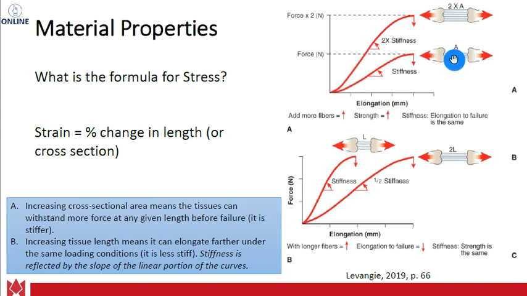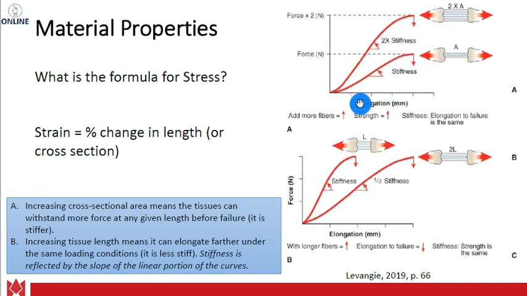Now on this picture here, you can see there's a smaller thickness, or we would refer to this as a cross-sectional area, or CSA. So there's a smaller CSA, and then there's 2 times the CSA. Since there's more thickness or a higher CSA, it's going to cause more force needed to get the same elongation.